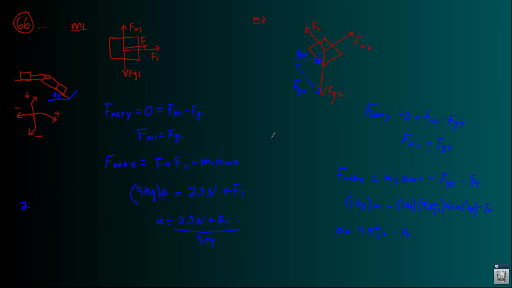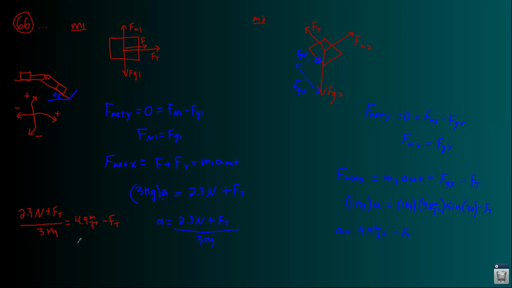(2.3 newtons plus Ft) over 3 kilograms equals 4.9 meters per second squared minus Ft.